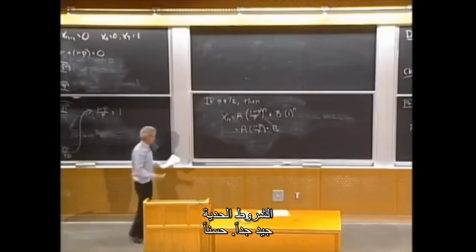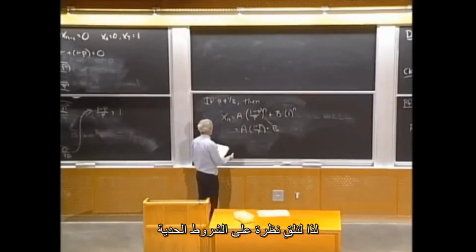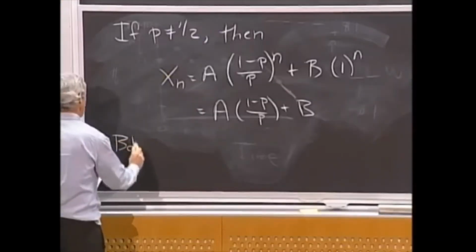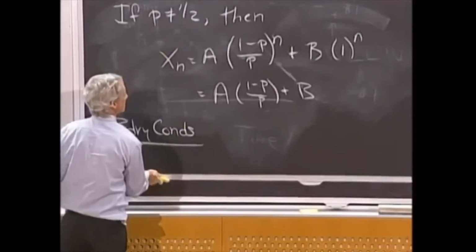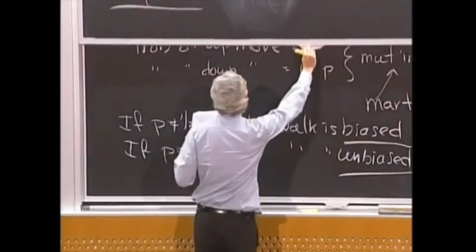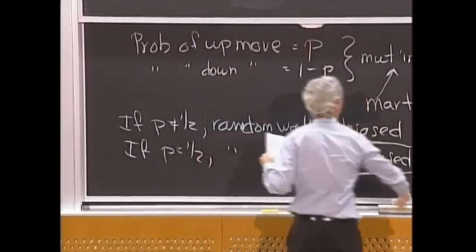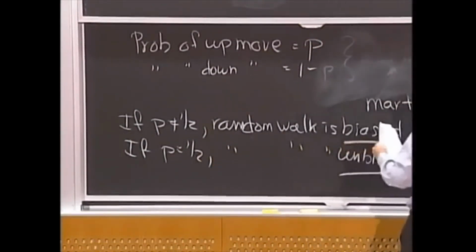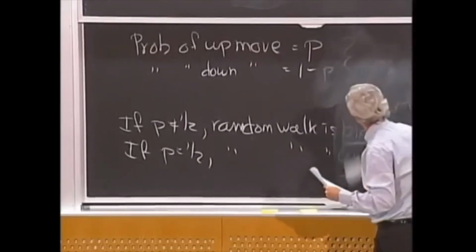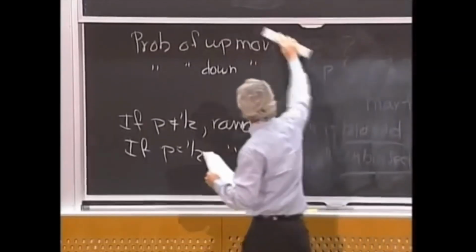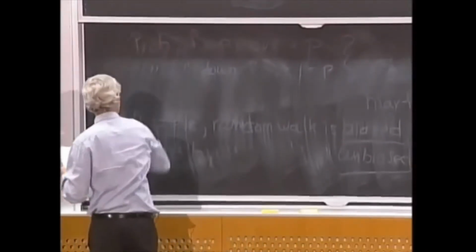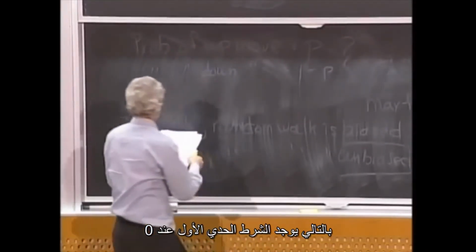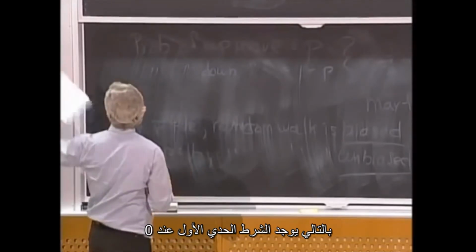Boundary conditions. Very good. Okay. So let's look at the boundary conditions. Okay, so the first boundary condition is at 0.